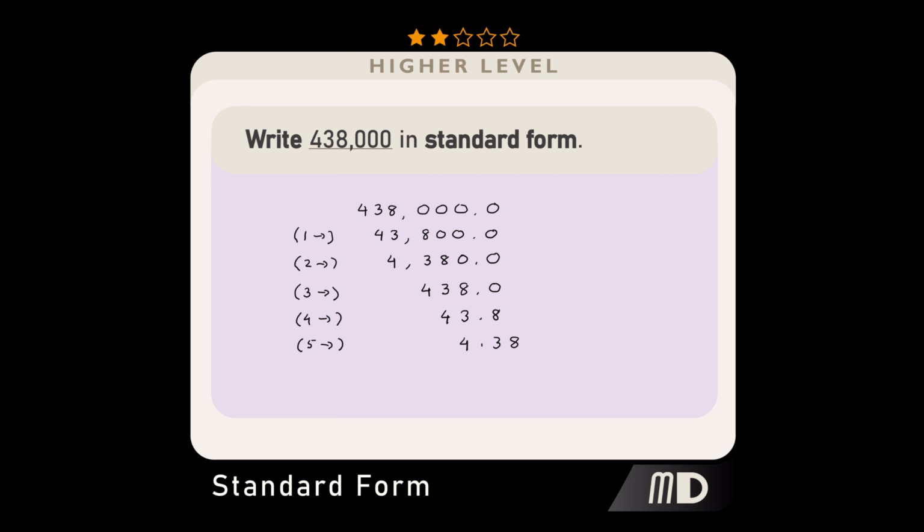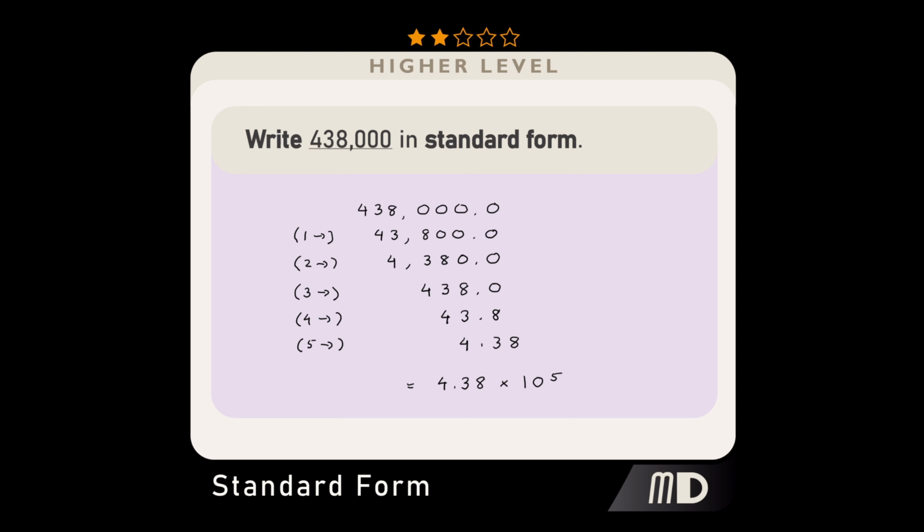We move the digits 5 places, so the exponent is 5, giving us 4.38 multiplied by 10 to the power of 5.